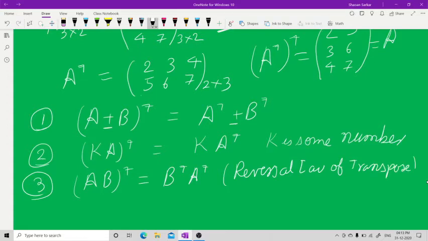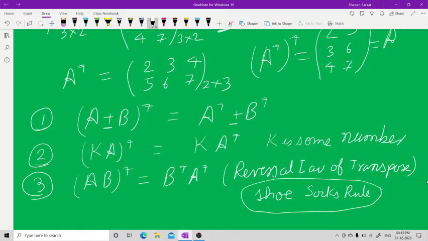Basically we call it the shoe-socks rule at times, just for a change, because you first wear your socks, then your shoes, while removing them, you remove the shoe first and then you take out your socks. This is just for the sake of some pleasure.